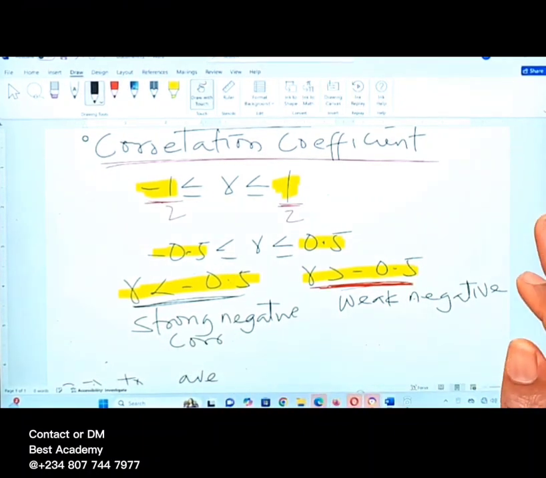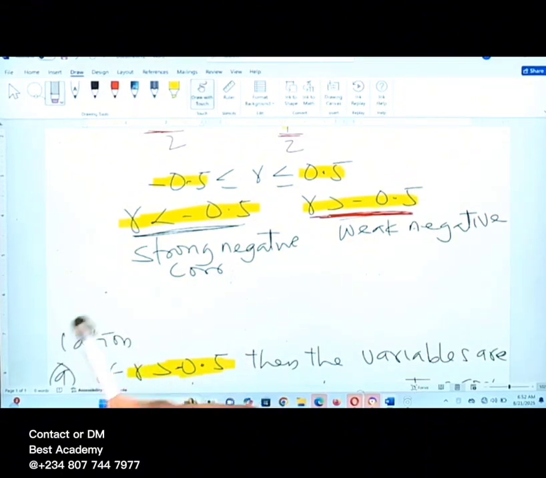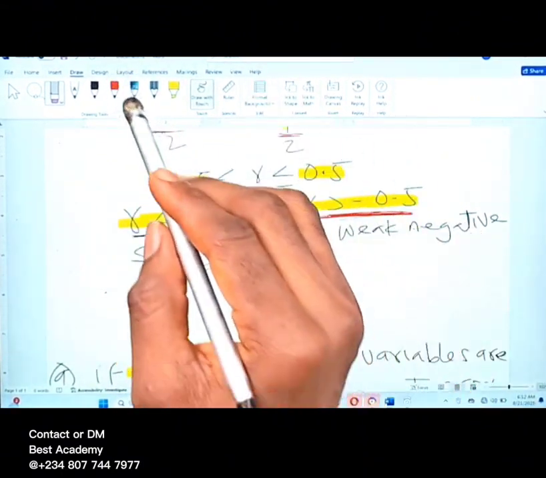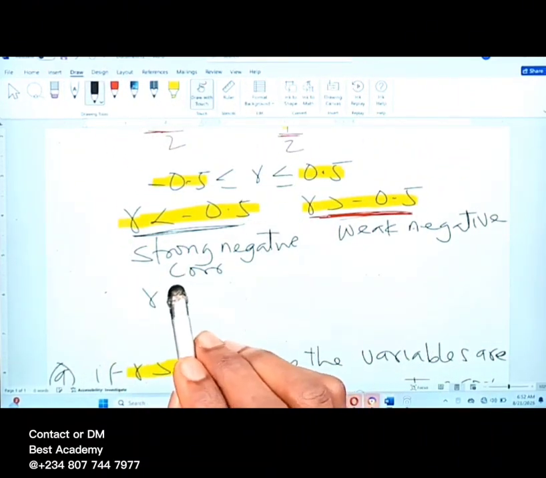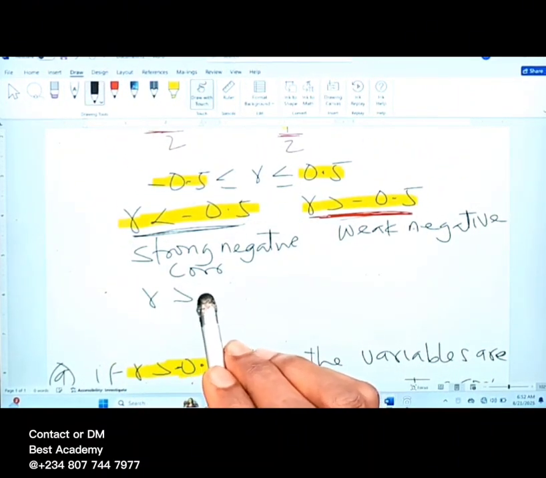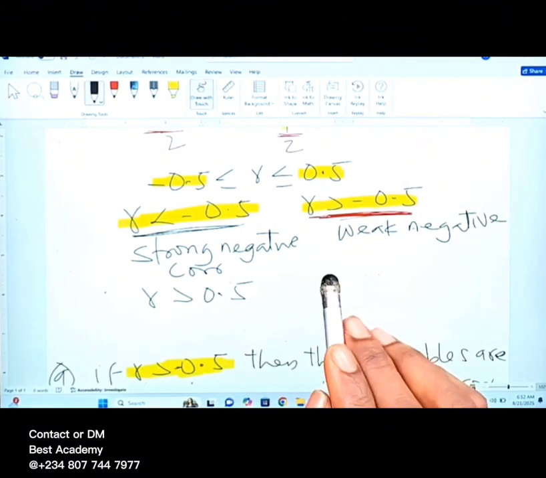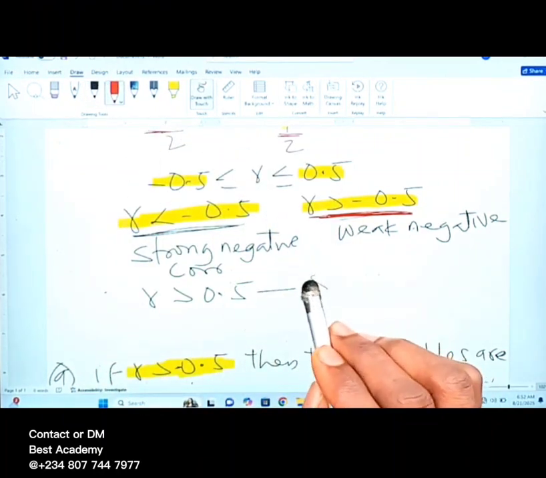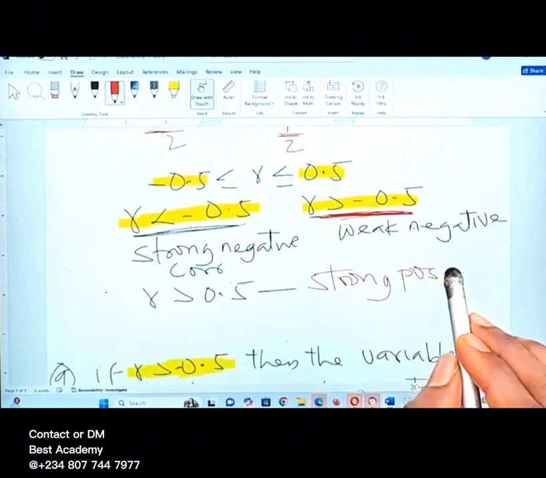Now the next one: if I have a value on the positive part, where R is greater than 0.5, we call it strong positive correlation.